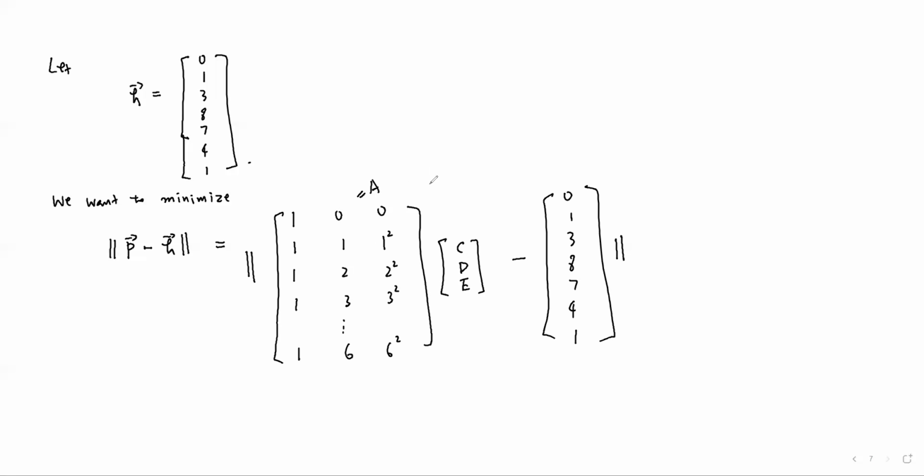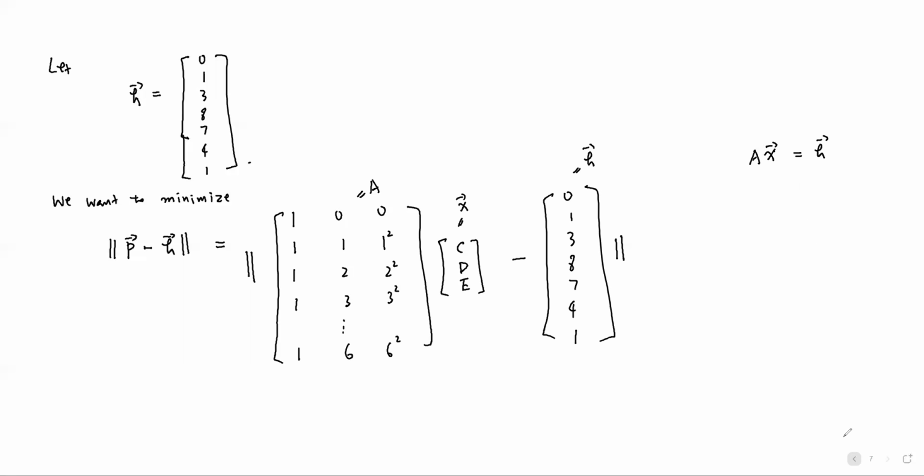Let me denote this matrix by A, and this is of course H. Minimize this vector minus this vector. That means A x, where this is x, so that the left-hand side and the right side are as close as possible. It is a least squares problem.